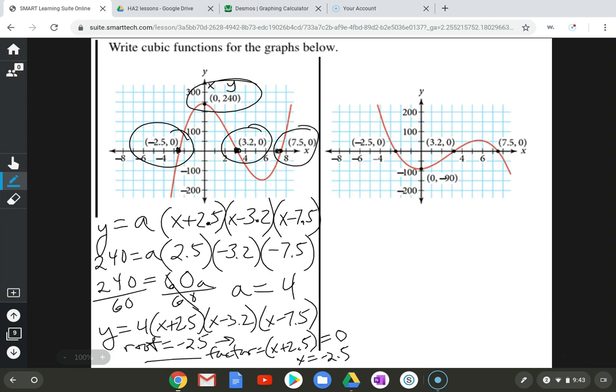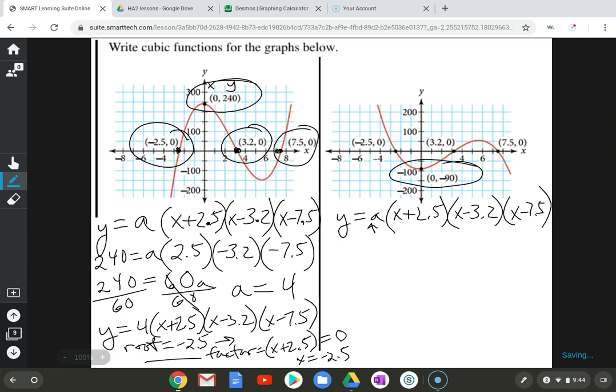So we have here the same three x-intercepts. I'm going to start with the same general format. So I have x plus 2.5, x minus 3.2, and x minus 7.5. Everything seems normal, except I still need to solve for a, my dilation or scaling factor. How do I do that?